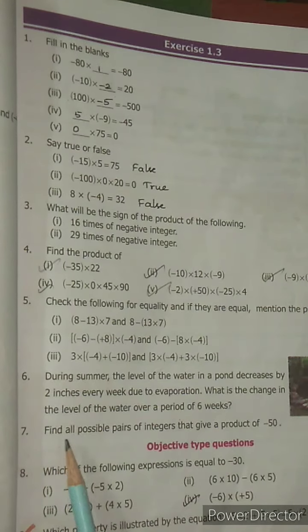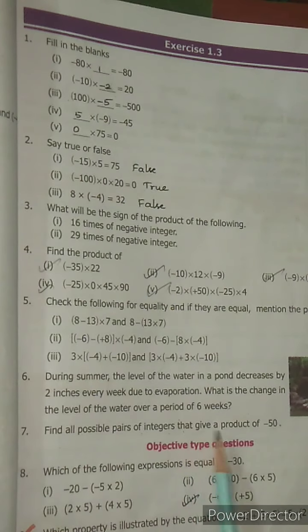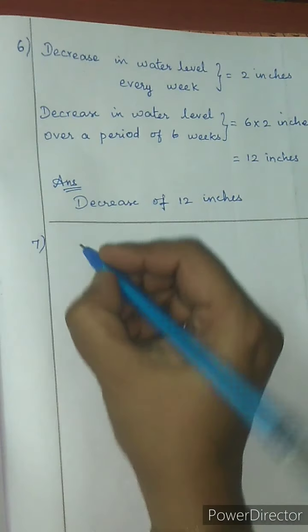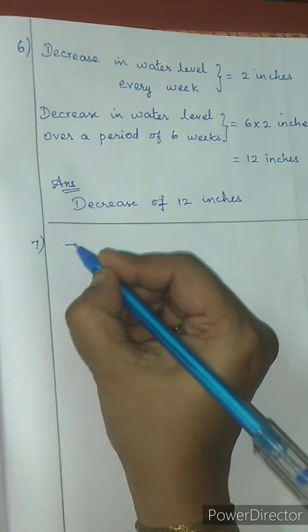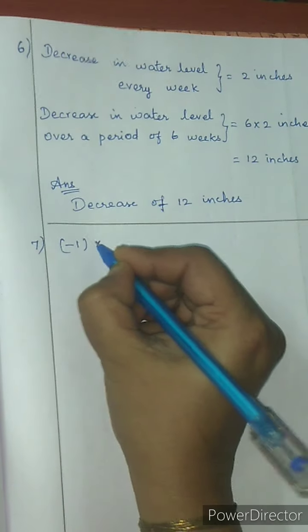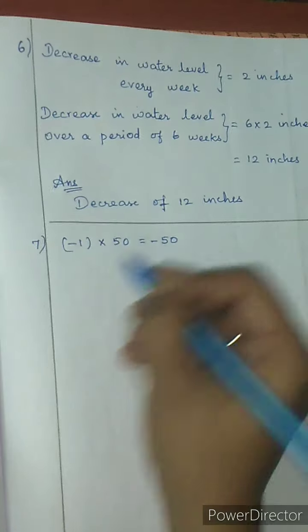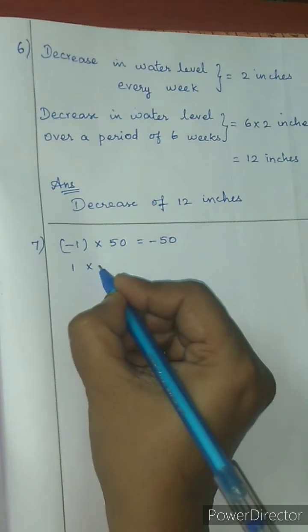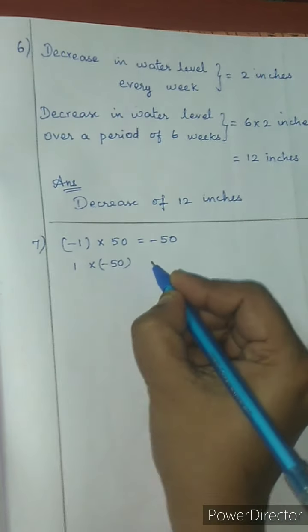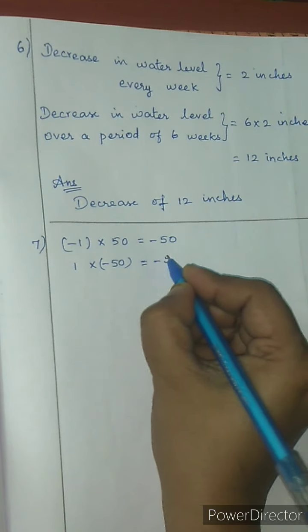Seventh problem, find all possible pairs of integers that give a product of minus 50. Minus 1 into 50 is equal to minus 50. 1 into minus 50 is equal to minus 50.